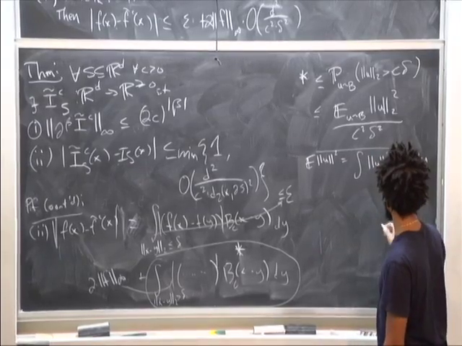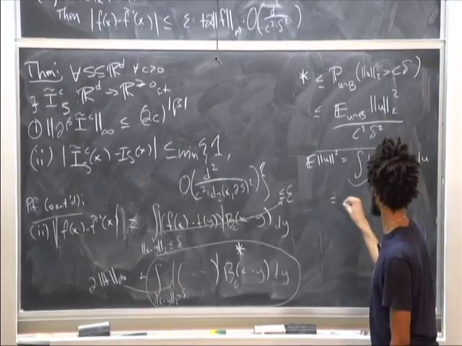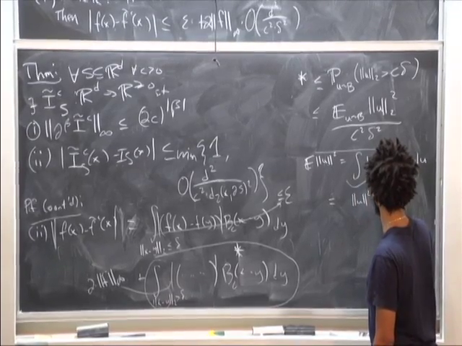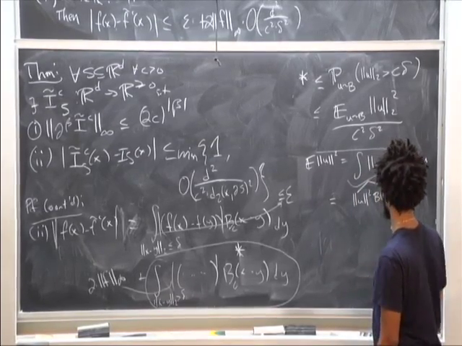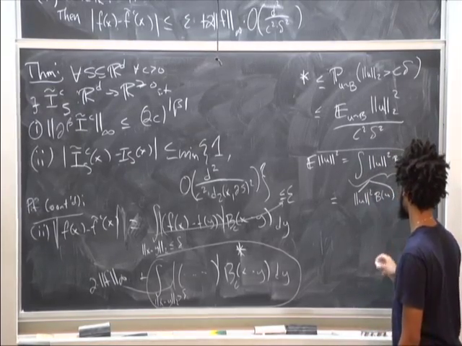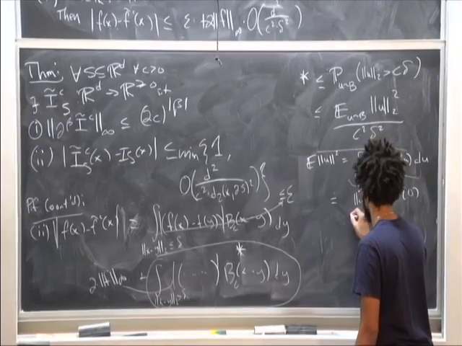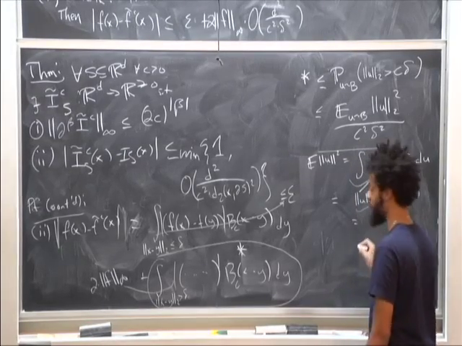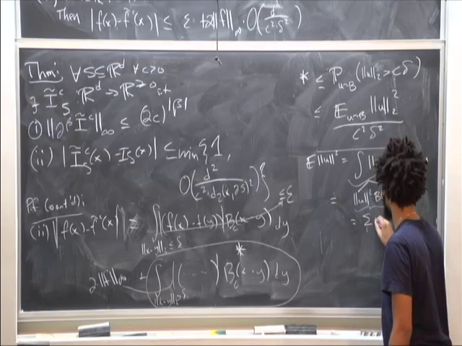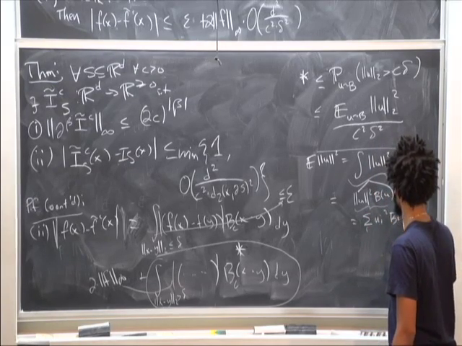Okay, and this thing is equal to the Fourier transform evaluated at 0. So what is this thing? This is equal to, can everyone see? This is equal to the sum over i of u_i squared B(u).